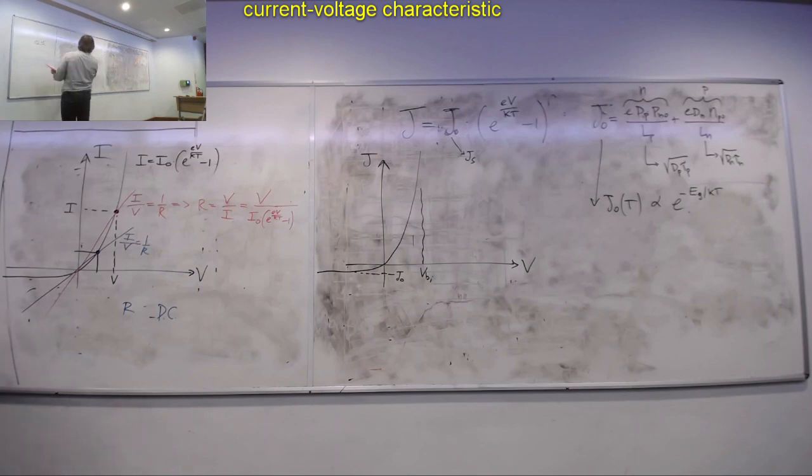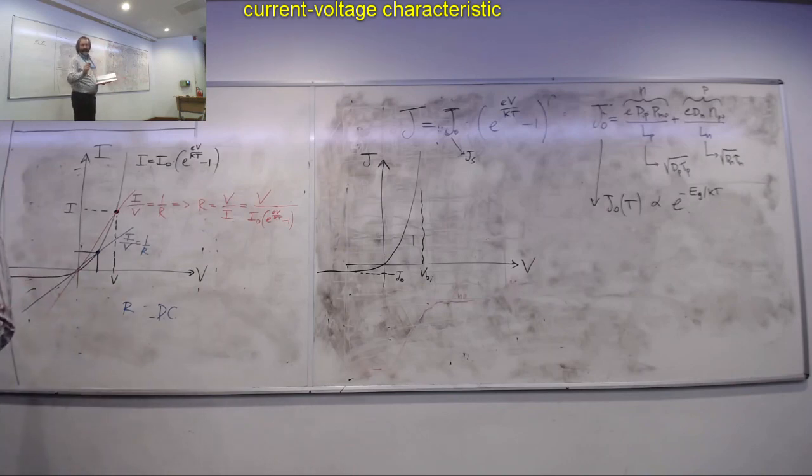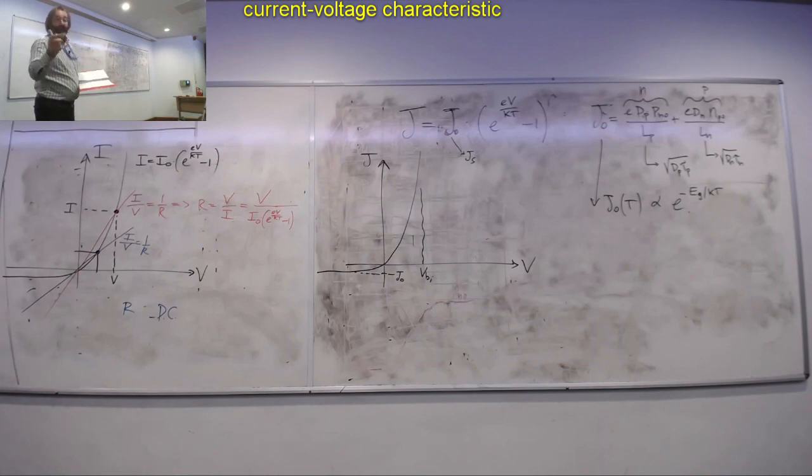This is given by the ratio V over I. This identifies a resistance, and on this plot it is this line. Okay, I'll stop here. I will put in the post-lecture video this last bit, the differential resistance and the diffusion capacitance.